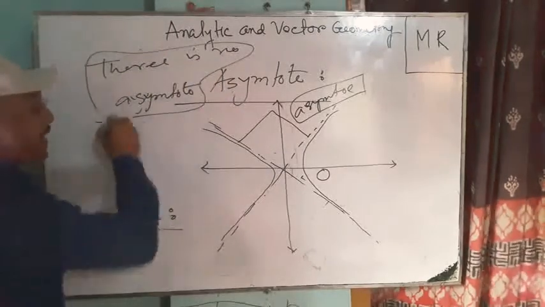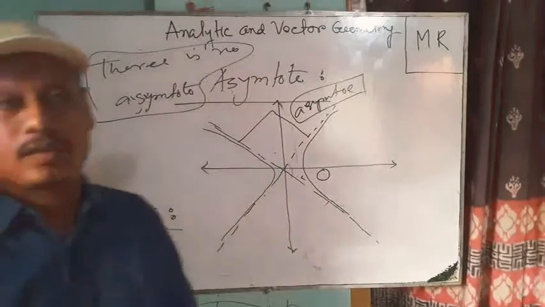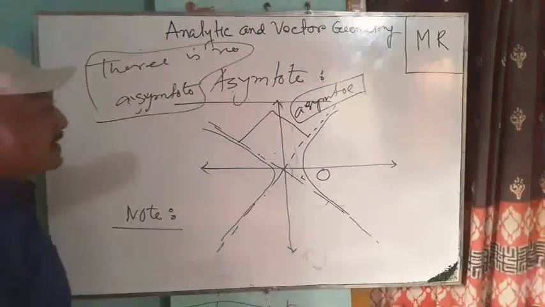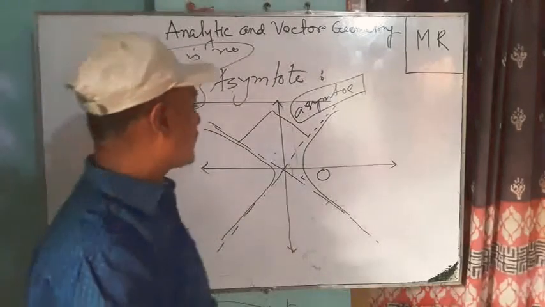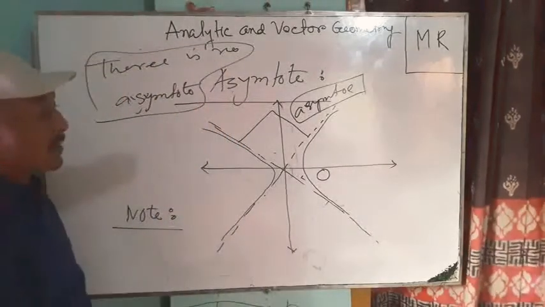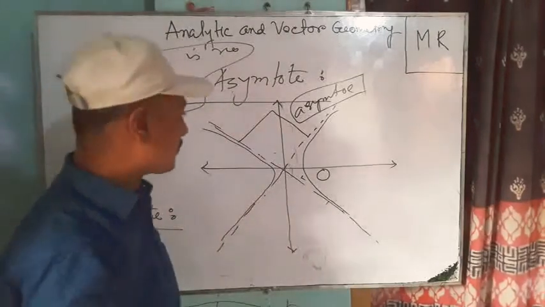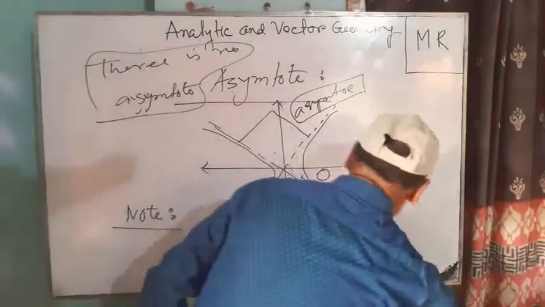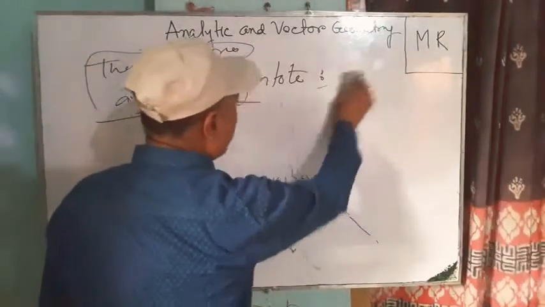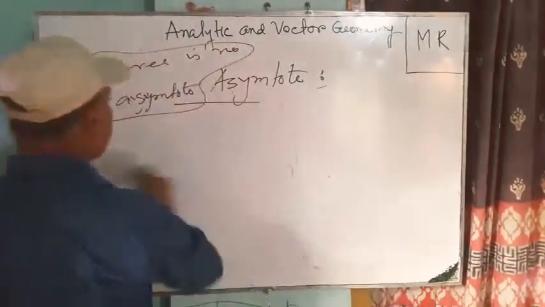Also, a parabola has no real asymptote. Only the hyperbola has a real asymptote. We can find the real asymptote only for a hyperbola.